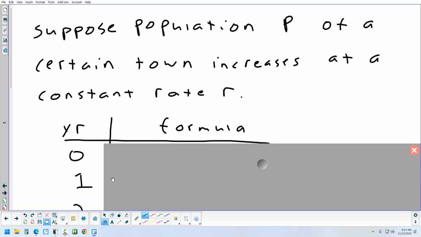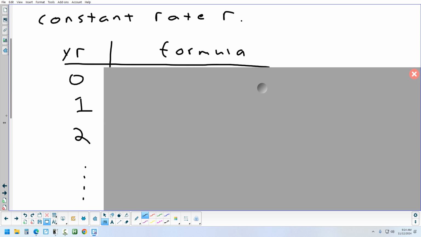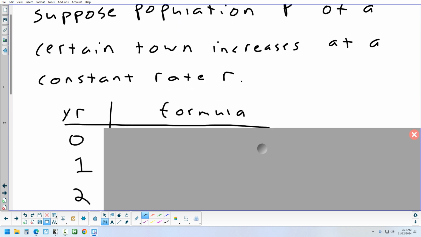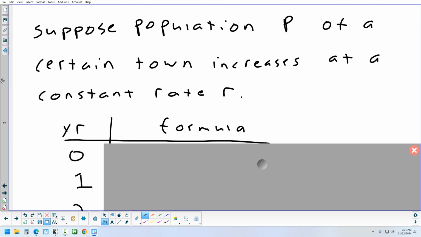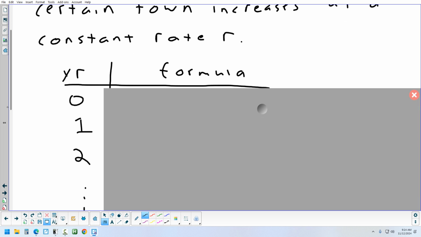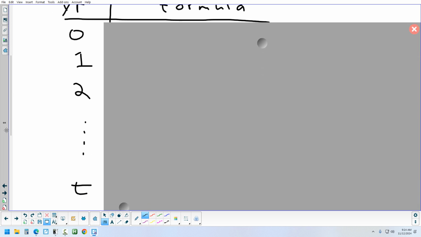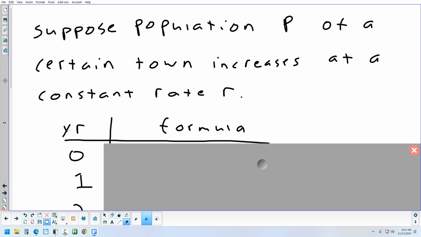So what I want to do is see if we can come up with a generalization for what the population is at a certain year, and then eventually, what is the population after t years? And see if we can get a formula to predict the population any number of years after the start.